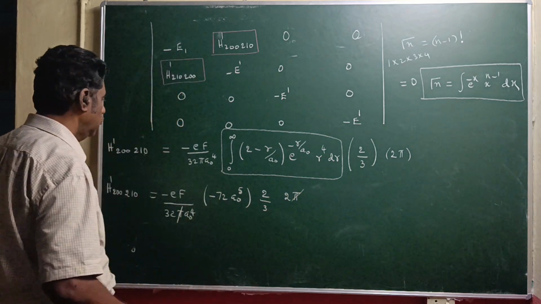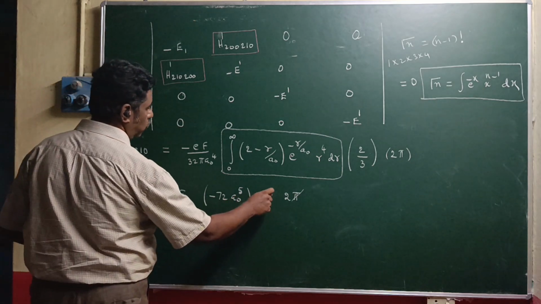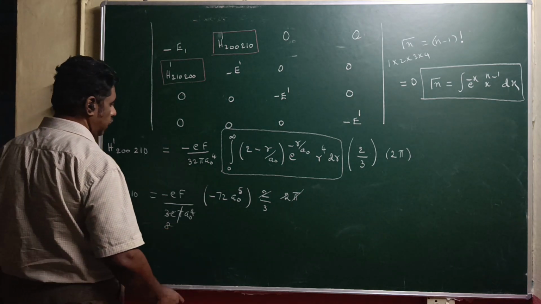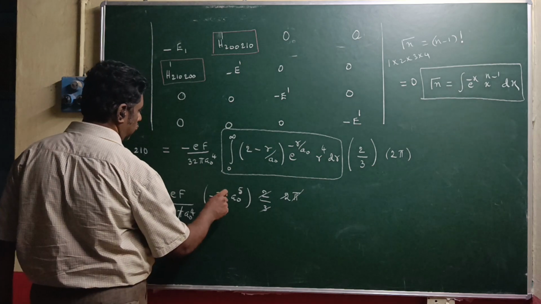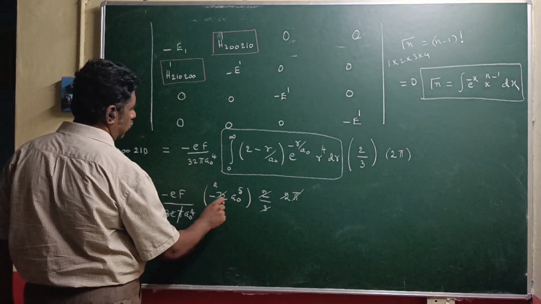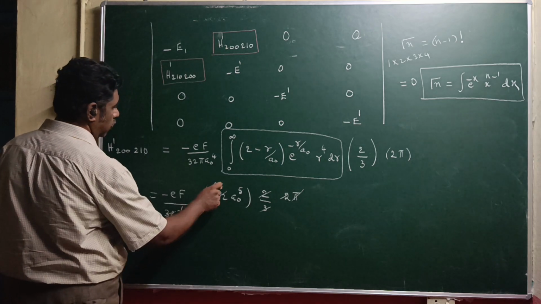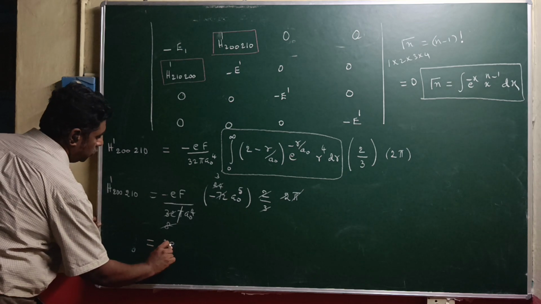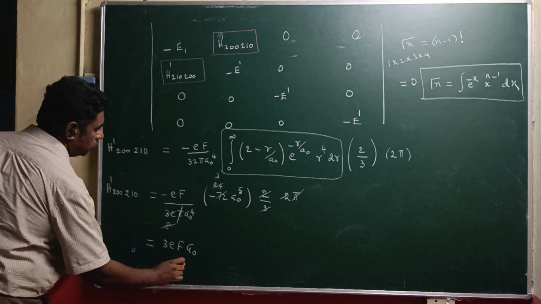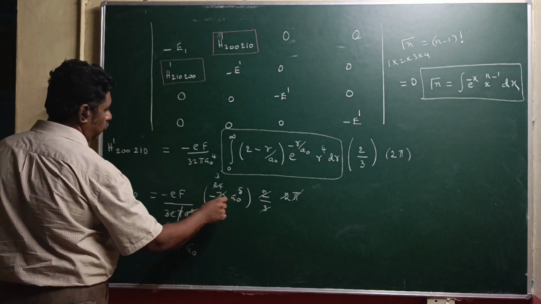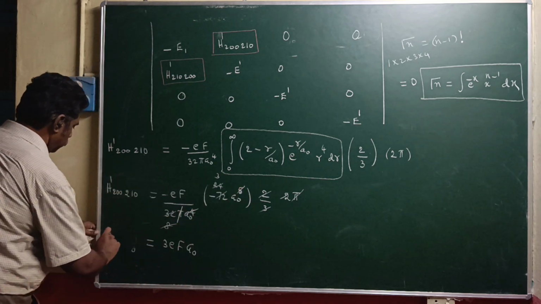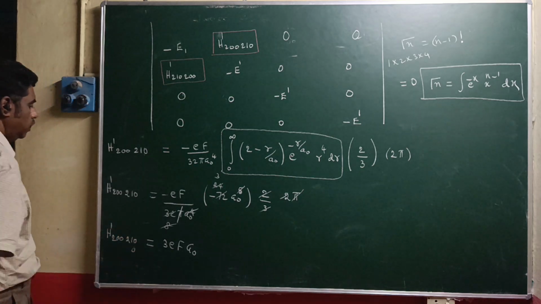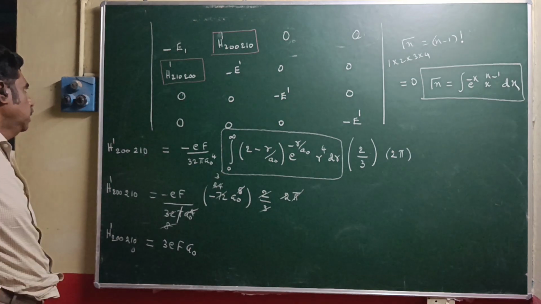Pi cancels out. Then 2 into 2 is 4, and 8, then 24 and 3, minus into minus is plus. So the value is 3eF into a0. Here a0 power 4 and a0 power 5 combine. So the value of H1 200 210 equals 3eF a0.